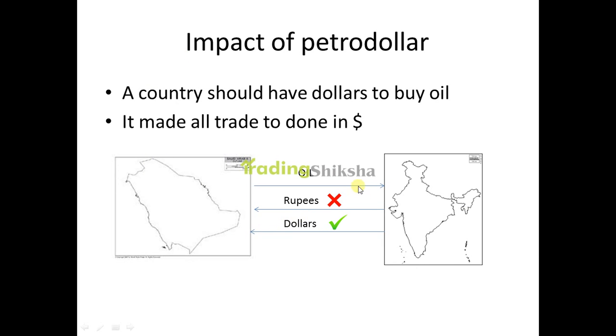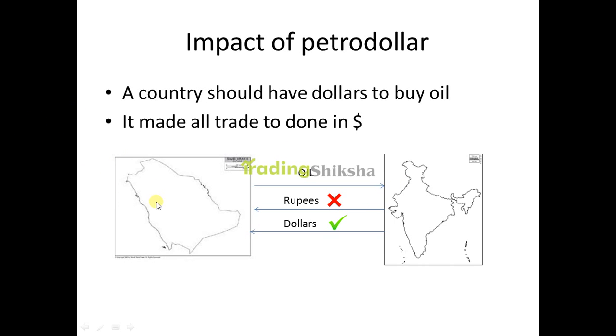This agreement that oil is sold in dollars is known as the petrodollar. If the petrodollar had not existed, any country buying oil could pay for it in its local currency.